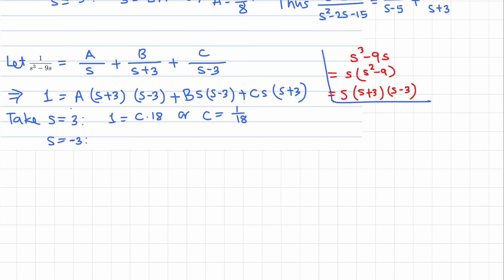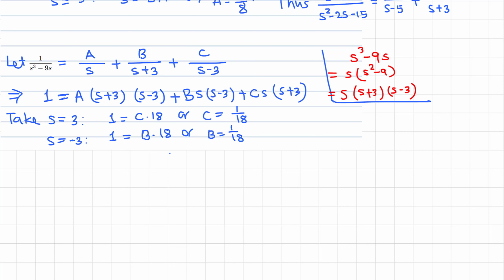So this will be 1 on the left side, and 1 equals B times -3 times -3 minus 3, which is -6. -6 times -3, that's the positive 18 again.